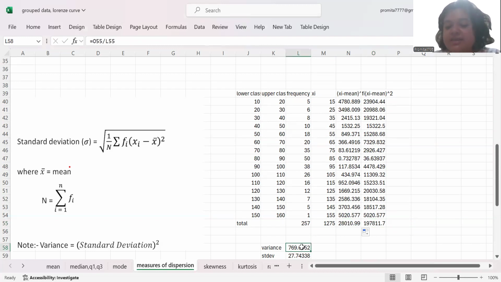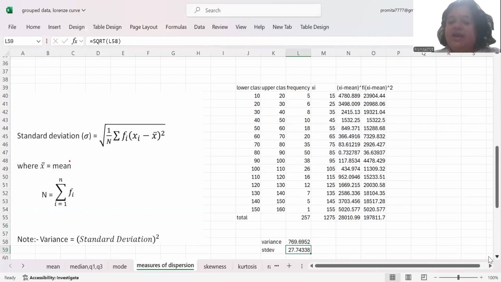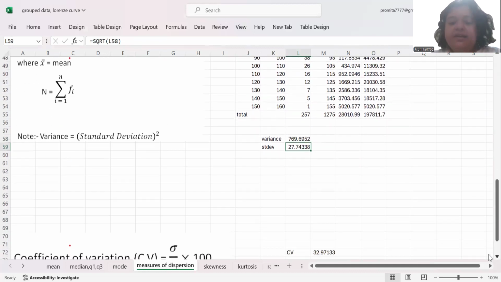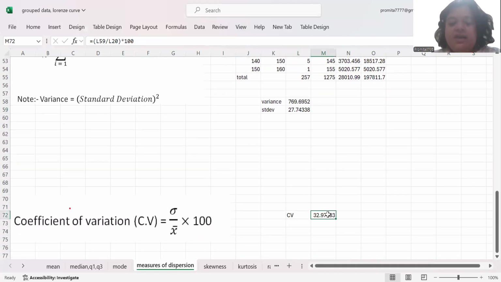So my variance should be 127811.7 divided by 257, which is 769.69, and standard deviation will be the square root of the whole thing, and we are getting 27.74.